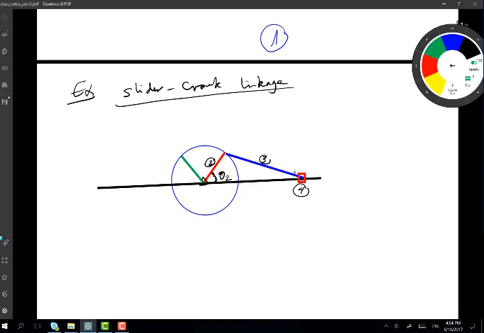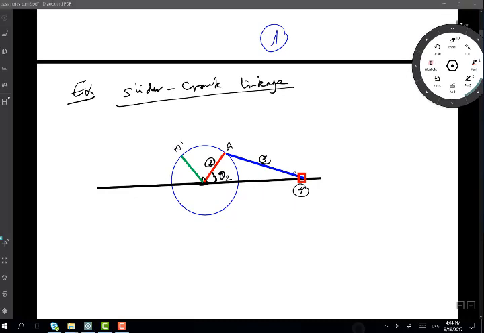Point A would have moved to another position, A prime, and point B would have moved to B prime as well.